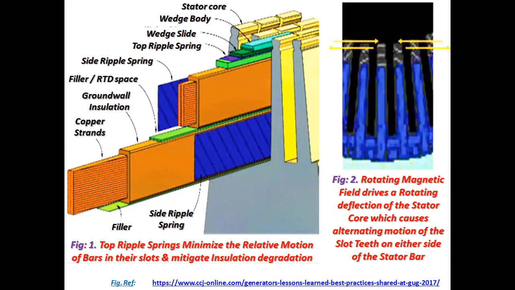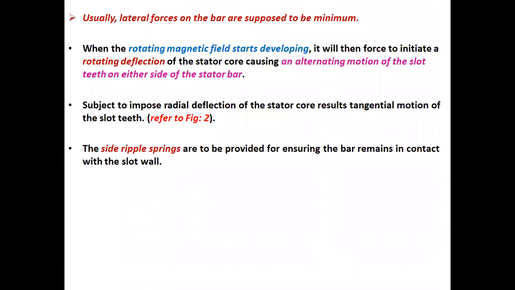You see, top ripple springs minimize the relative motion of the bars in their slots and mitigate insulation degradation. Usually, lateral forces on the bar are supposed to be minimal.